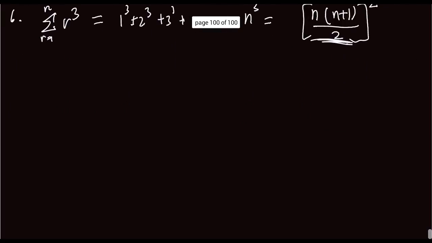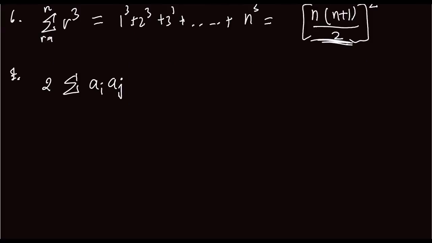Now the last formula in this case is not that important, but you can always use it to prove other things. It is the summation of AiAj, where i is always less than j, with i and j from 1 to n. That is a1a2, a1a3, a3a4, a4a5 and so on.